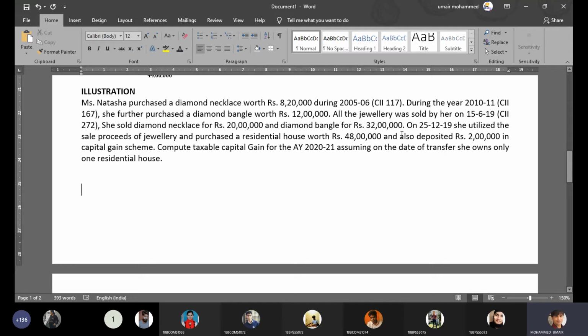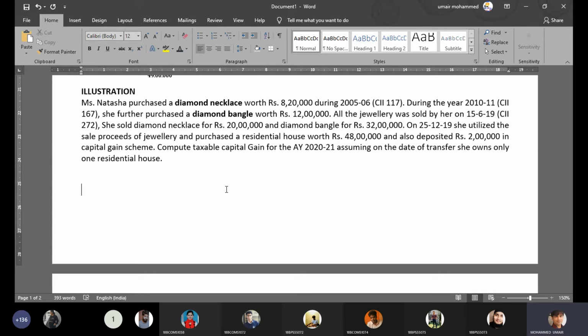So as per the question, on 25th December 2019, she has two capital assets here. Point number one is a diamond necklace, and the other one is a diamond bangle.